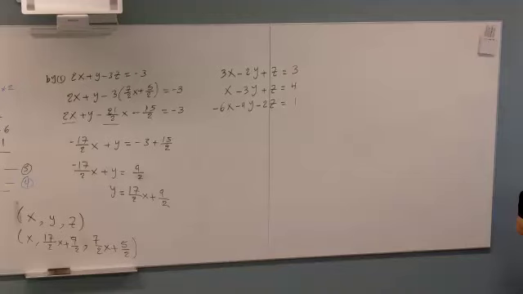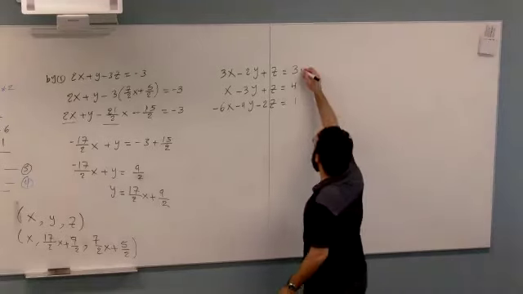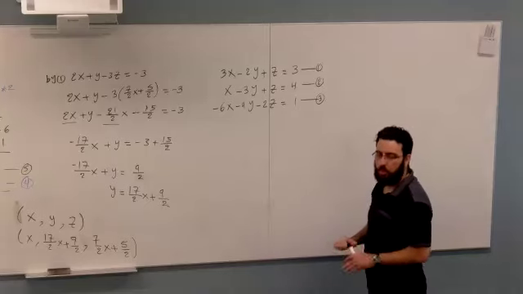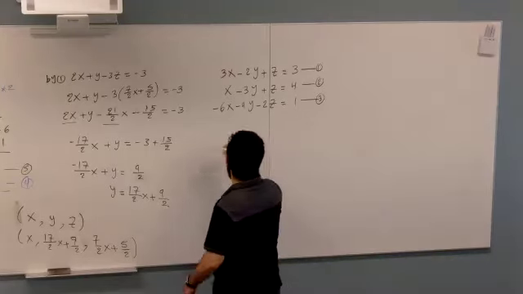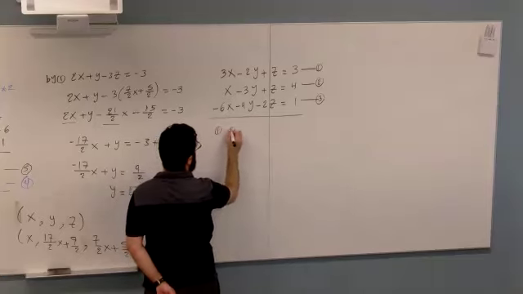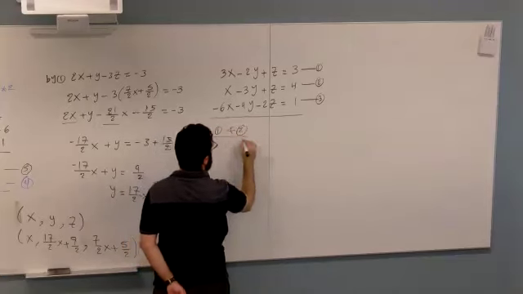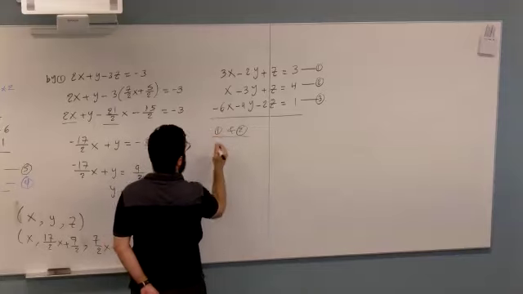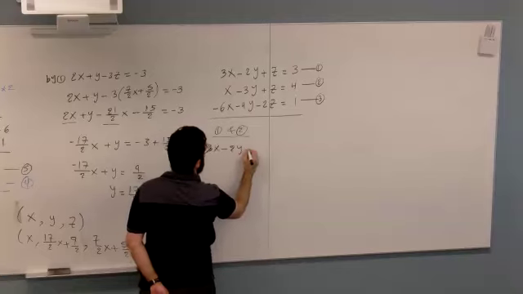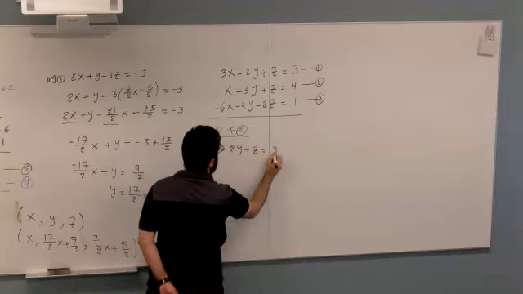Here's the new system. Solve the system. I'm going to say this is 1, this is 2, this is 3. So which one are you going to use? Let's do 1 and 2. 3x minus 2y plus z equals 3.